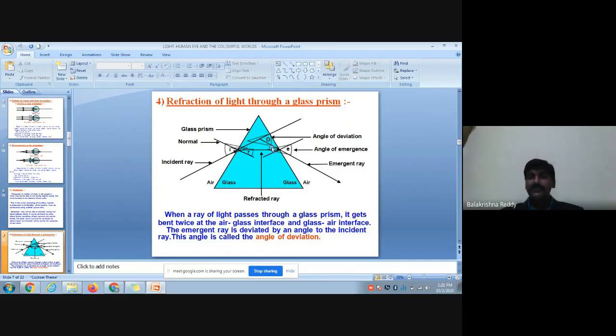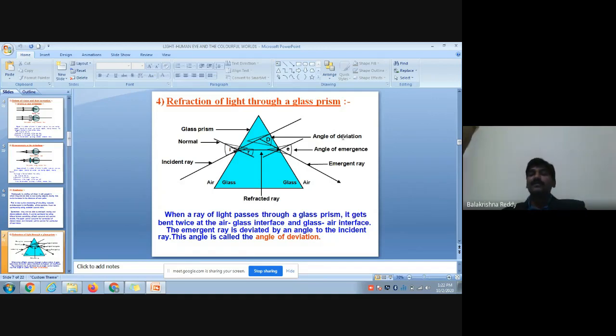The angle between the emergent light ray and the incident light ray gives us the angle of deviation. What do we mean by angle of deviation? How much the light ray has deviated from its original path is measured by the angle of deviation.